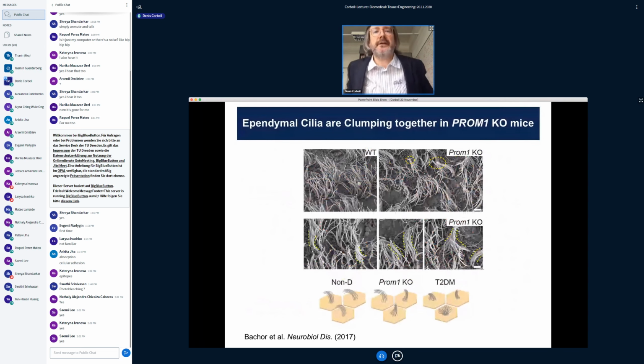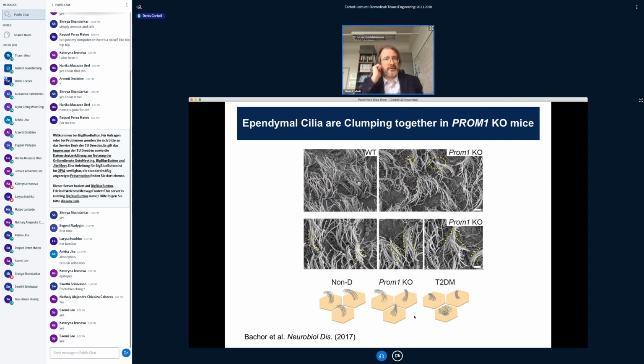As you can see here, normal situation, all the cilium are going up, very separate from each other, but now in the knockout of prominin 1, the cilium have a tendency to stick to each other on the tips, but as well all along them. So instead of being like a flower, they are collapsing onto each other, as you can see here in this case.